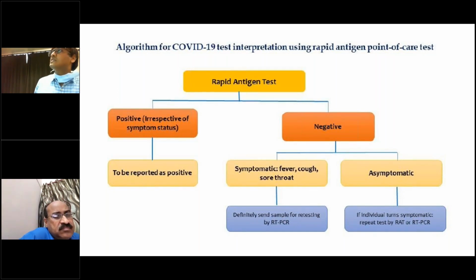If the rapid antigen test is negative, then we look for symptoms: fever, cough, sore throat. If these symptoms are present, then we definitely have to send the sample for retesting by RT-PCR. And if the patient is asymptomatic, then if the individual turns symptomatic, a repeat test by rapid antigen or RT-PCR has to be done.